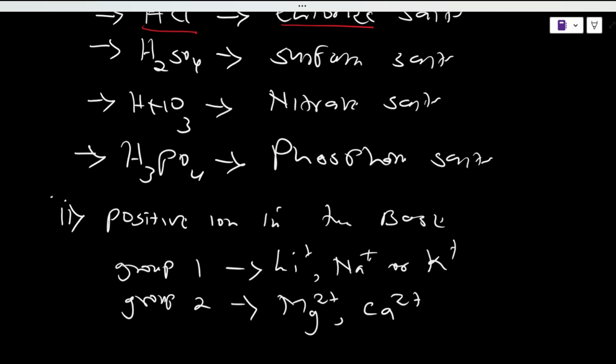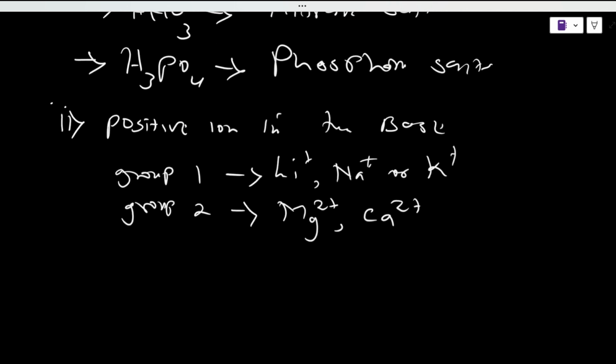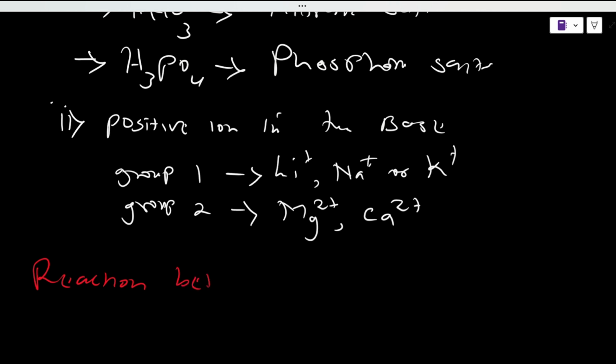Now, let us see how various reactions happen between acids and the 3 neutralization reactions we have. The first one we are going to deal with is reaction between acids and metal oxides.